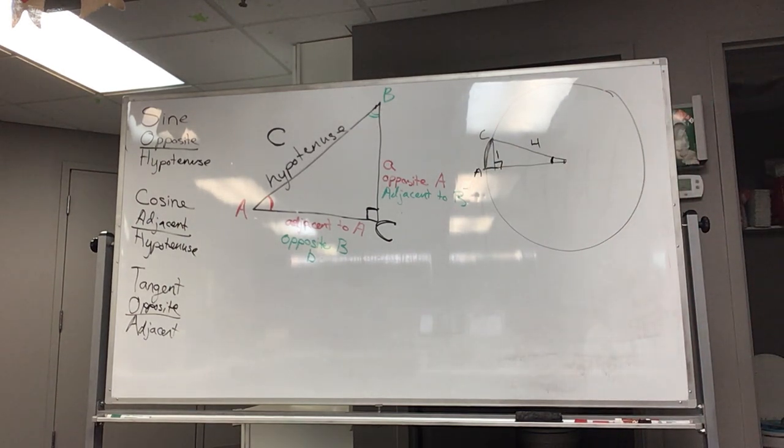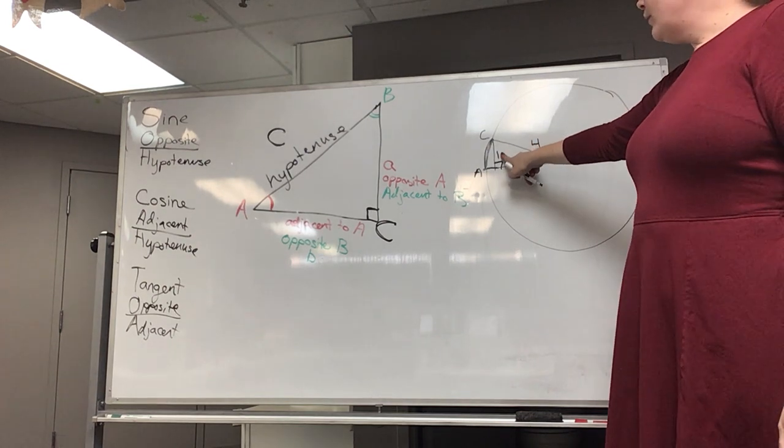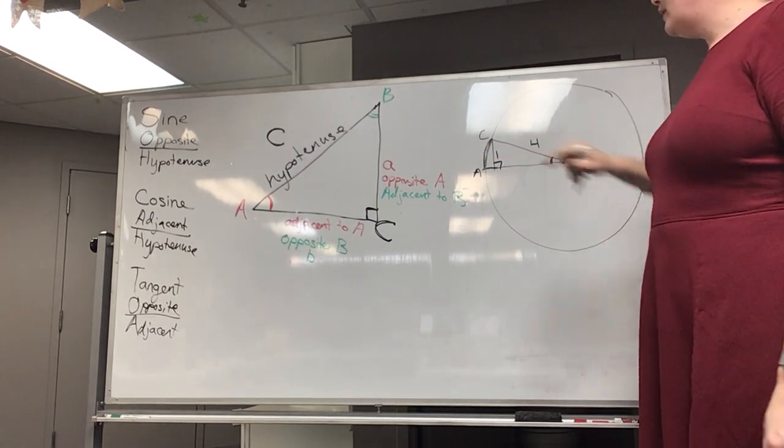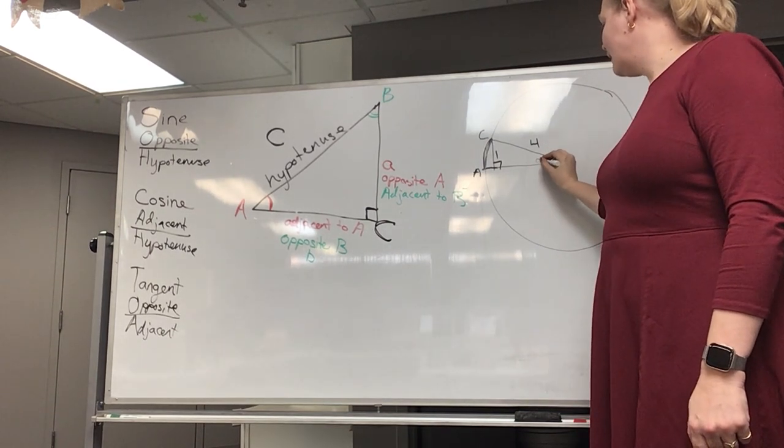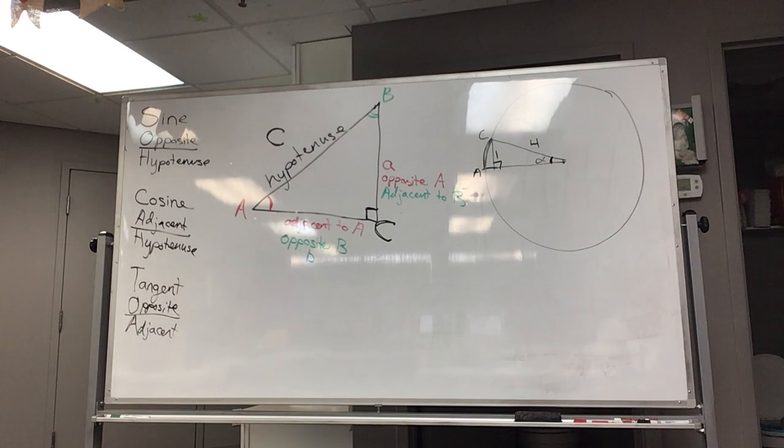So, a few different things going on here. First of all, if you're told this is length 1 and this is length 4, I'm going to call this the alpha angle again. How would we find that angle? That's the first step. Inverse sine of 1 over 4.